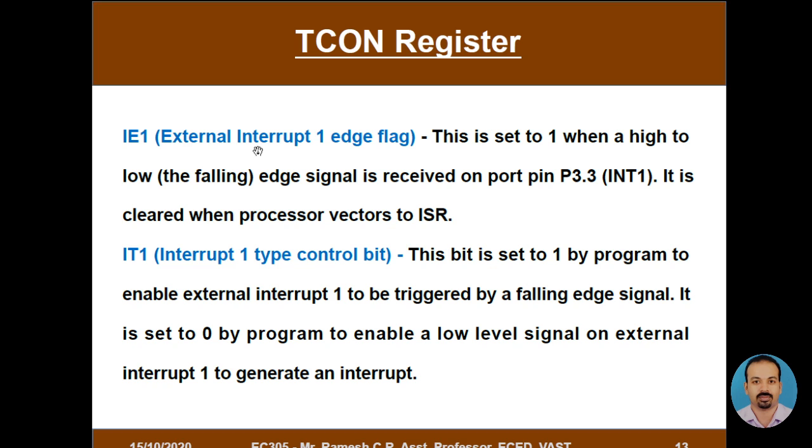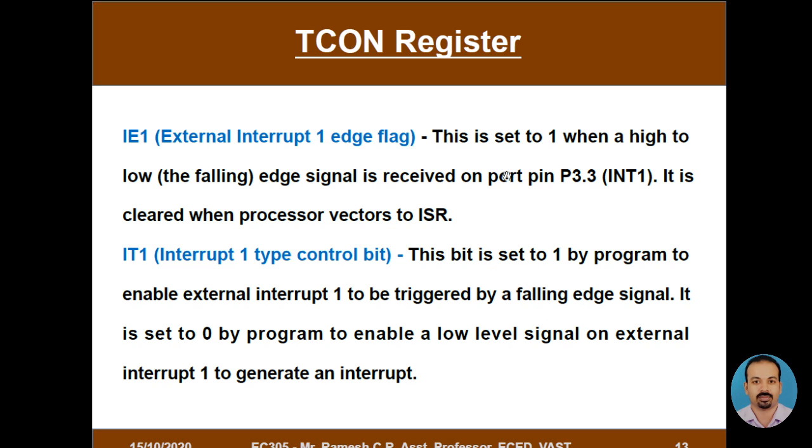That means if I'm making this particular bit IE1 of the TCON register as 1, then only a high to low transition signal on the INT1 pin of the microcontroller will generate an external interrupt request. Then if I'm making IT1 as 1, it will be triggered by this falling edge.